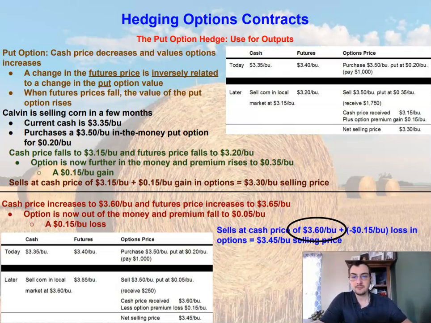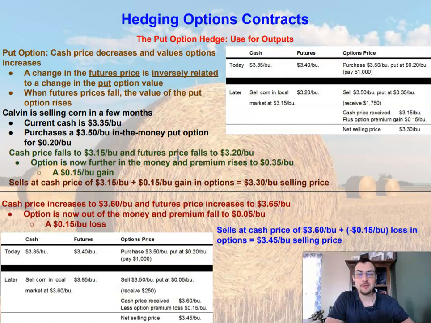Now, the other thing to keep in mind is that a put option is the option that we're going to use for selling a commodity, for those outputs, because that put option is going to lock in a price.